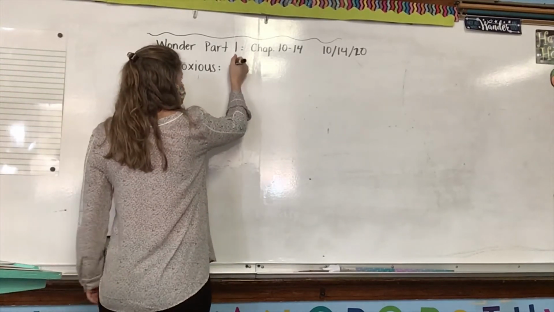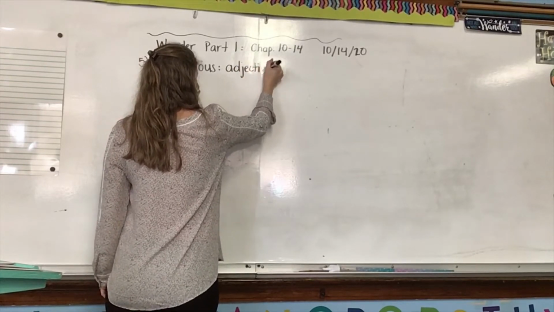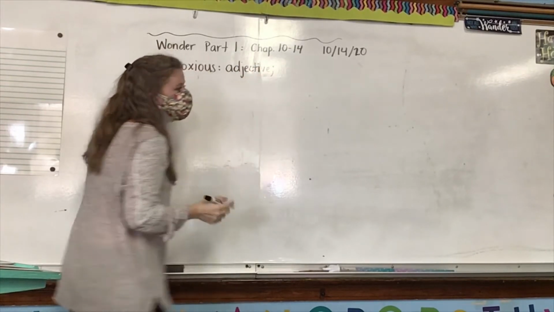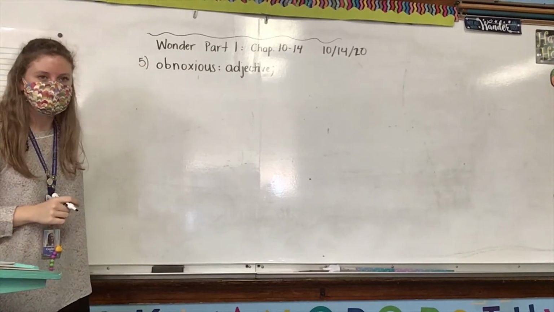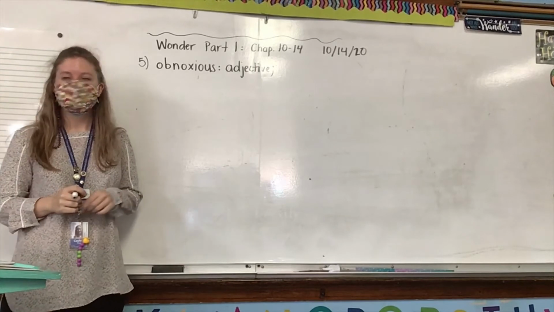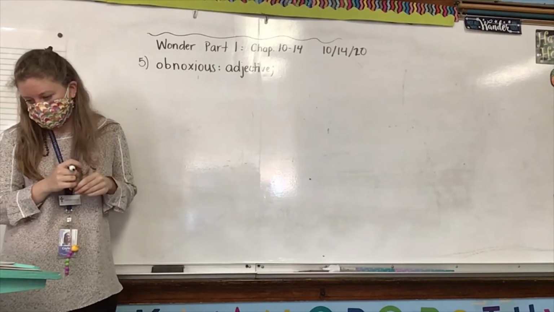Obnoxious is an adjective. That means it's a describing word. It describes someone or something, not how something is done. That would be obnoxiously. Obnoxious just describes a person, place, or thing.